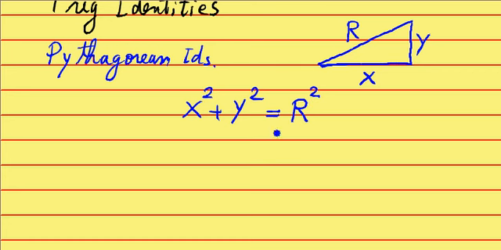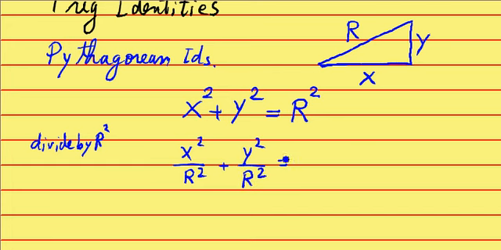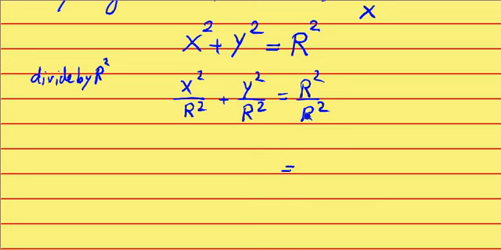So what do you divide by? Well, whatever you decide is going to give you one identity. Suppose I divide by r squared. I can divide by anything I like. So x squared over r squared plus y squared over r squared is equal to r squared over r squared. But what is this? R squared over r squared, that's just 1.